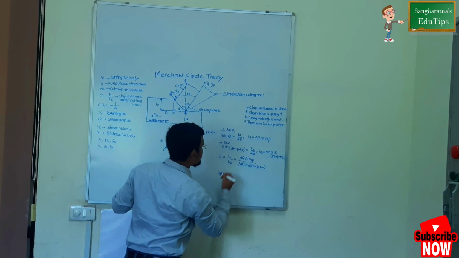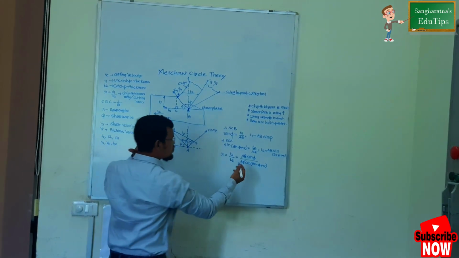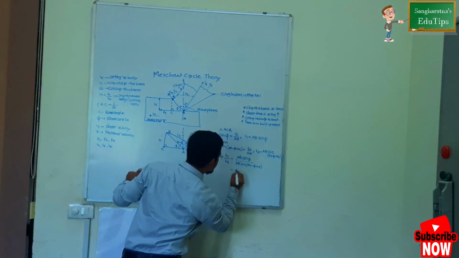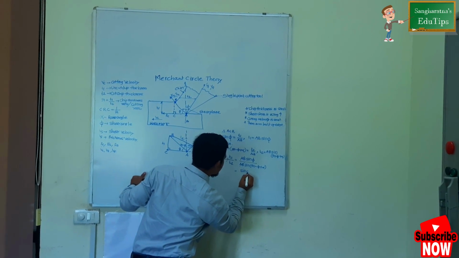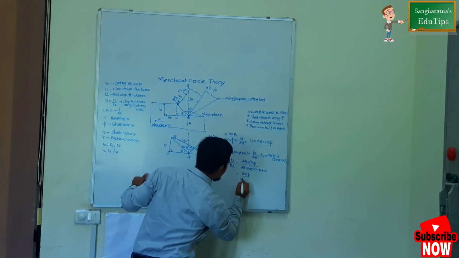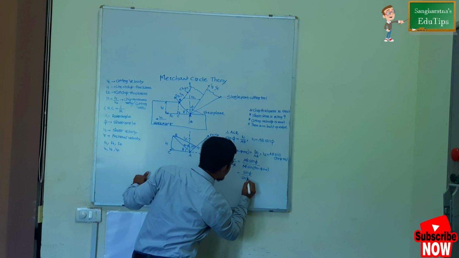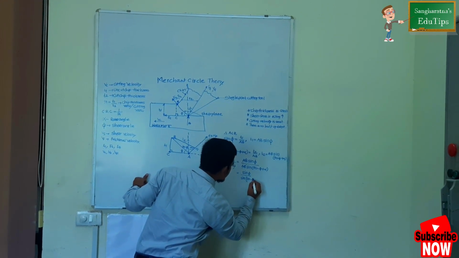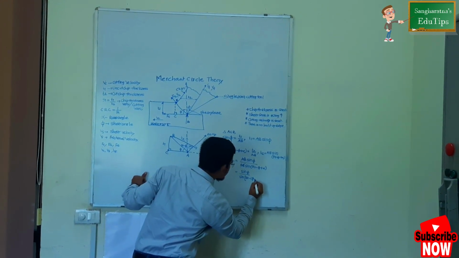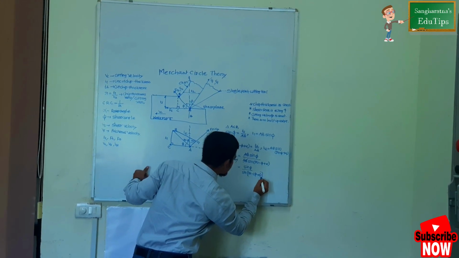AB gets cancelled, so r equals sine phi divided by sine of 90 minus phi plus alpha.